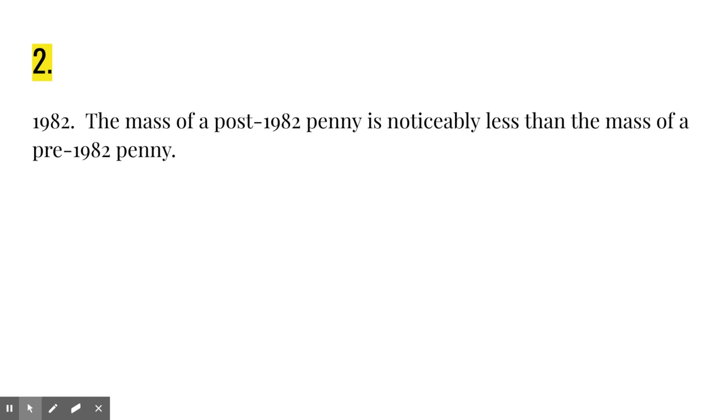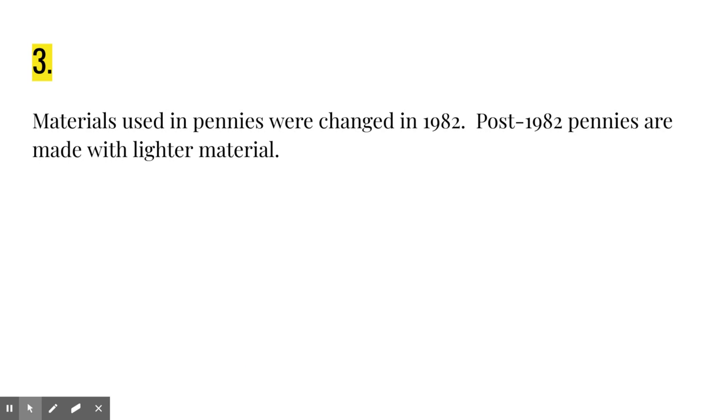Question number 3, how can you explain the fact that there are different isotopes of pennium? Okay, well, pennies in the year 1982 changed materials. They were made before 1982 with 95% copper, but it was costing too much to make these copper pennies.